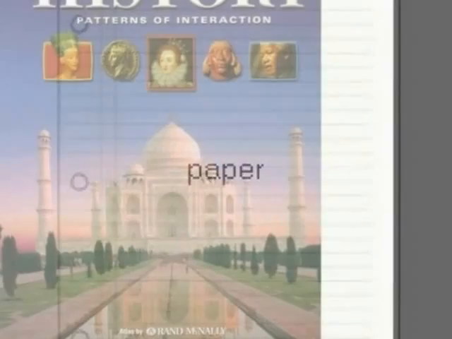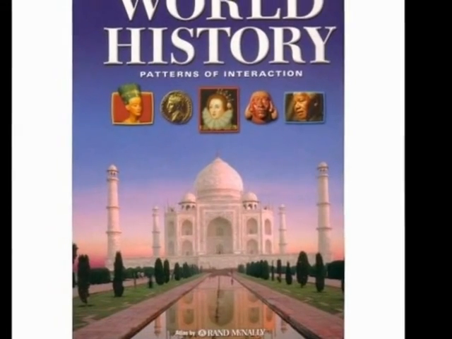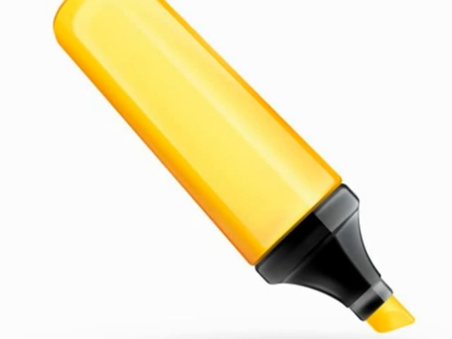And yes, I need for you to get out some paper because you may not have everything down in your notes. Okay, so make sure you got your book, make sure you got paper, make sure you got a highlighter. I need for you to put on your thinking caps and let's go study some world history.